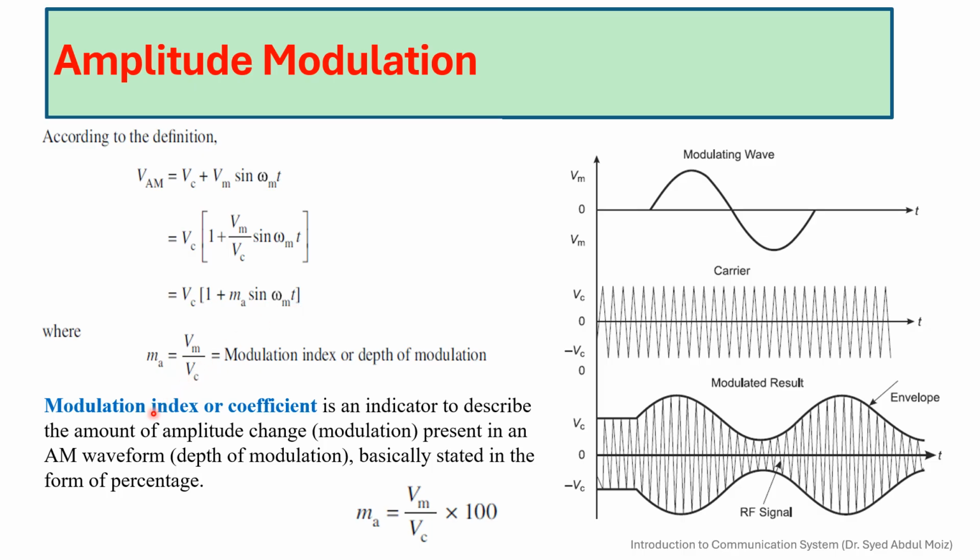We will discuss this in a little more detail in the next slide, but first here we just introduce that the modulation index, or coefficient, or depth of modulation is the indicator to describe the amount of amplitude change present in the AM wave, and is basically stated in the form of a percentage. We can write that ma = (Vm/Vc) x 100. Generally it is represented as 60%, 70%, 100%. This varies from 0 to 100%.